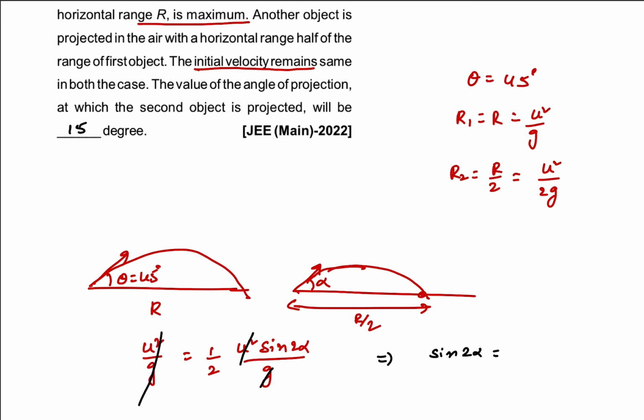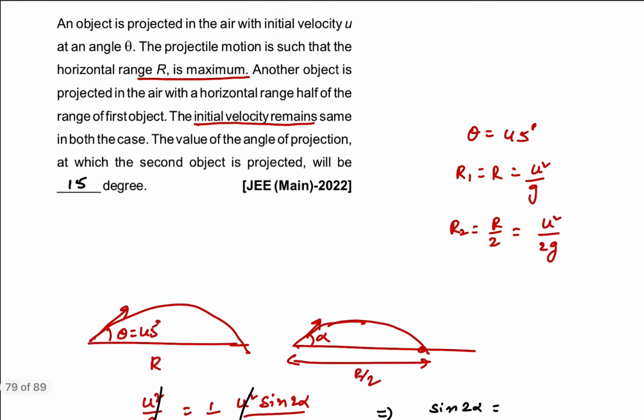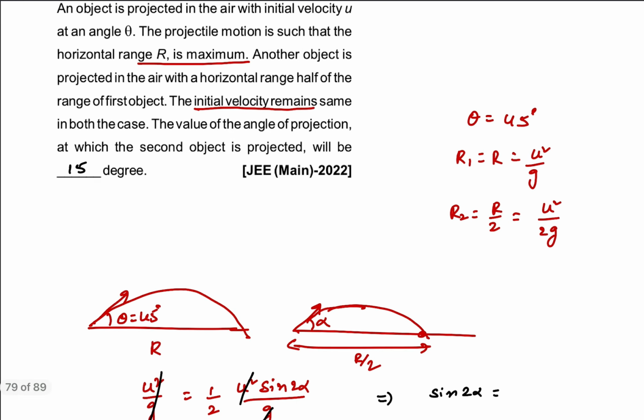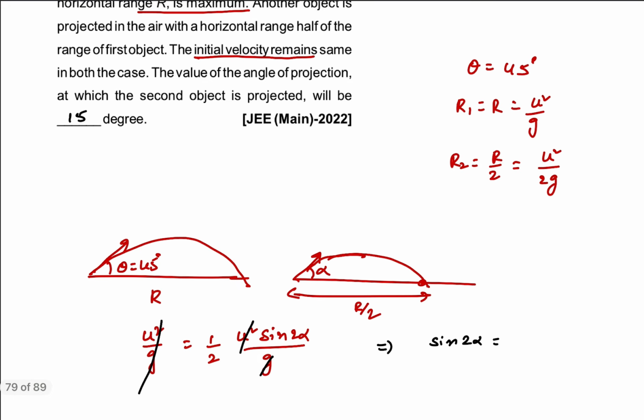The horizontal range in the initial case is maximum, theta is equal to 45 degrees. So now what is the sine 2 alpha value here? 2? Sine 2 alpha cannot be 2 here. So why did you get 2 here? What have I written?